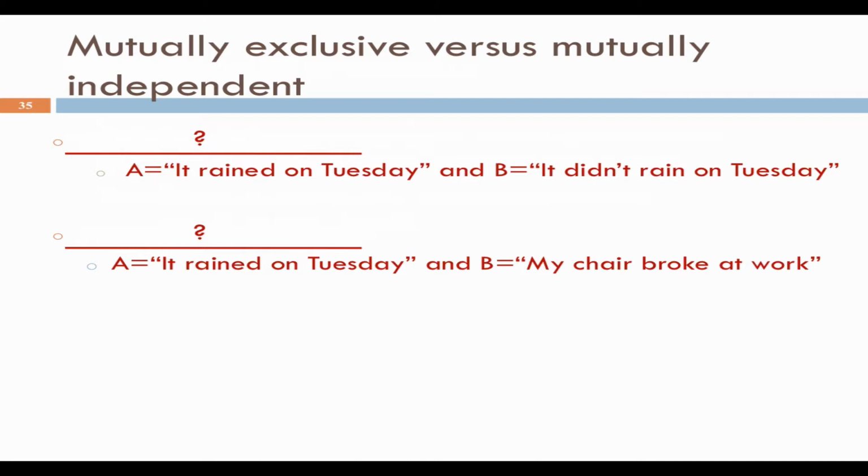Good question. In probability, if A and B are mutually exclusive, that means when A happens, B cannot happen. So if A and B are mutually exclusive, they must be dependent, because knowing A tells you the whole information about B. When two events are mutually exclusive, they must be dependent.